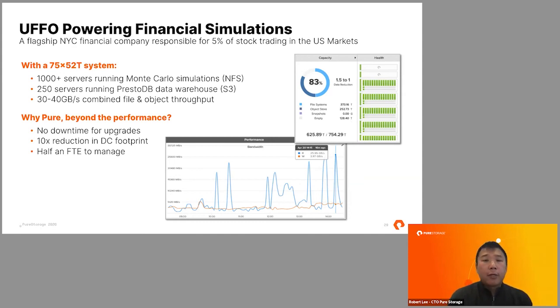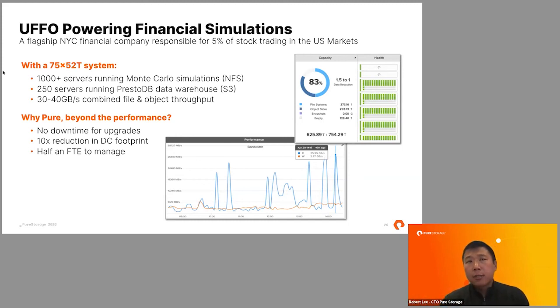They're running several very large scale but very disparate workloads on FlashBlade, a highly concurrent set of Monte Carlo simulations running across a platform of thousands of servers, tens of thousands of cores, reading, writing, very mixed access, a lot of the access patterns and demands that we just talked through.